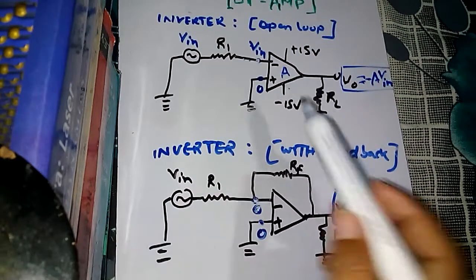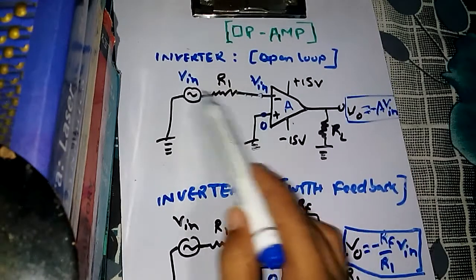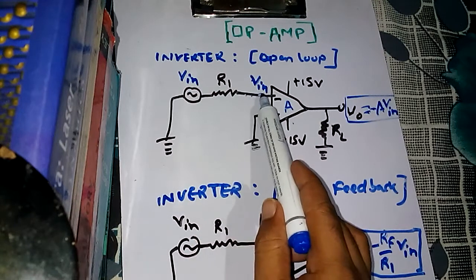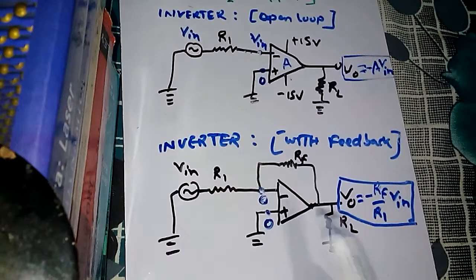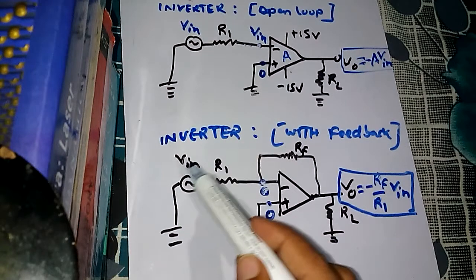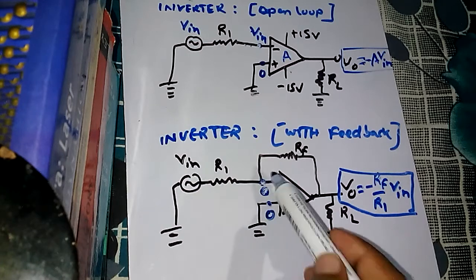Whenever you see open loop, you just have to think that whatever voltage is given here is the voltage at the input terminal. But when you see the circuit with feedback, you have to think that whatever voltage you have given here is not the voltage at this point.